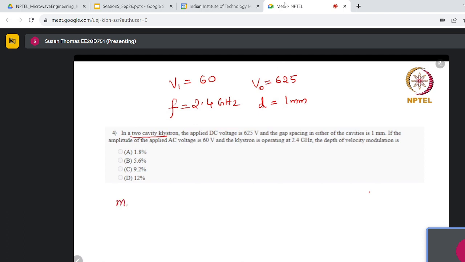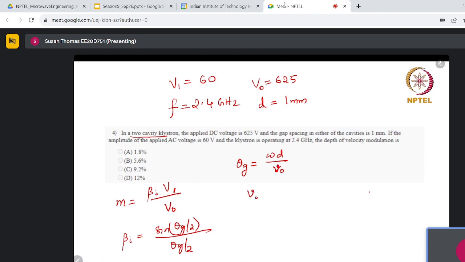So what is the equation? M is equal to beta I into V1 by V0. We already know V1 and V0, but we have to find beta I. For beta I, we need sine theta g by 2 by theta g by 2, so we need to find theta g. Theta g is omega d by V0, where this V0 is not the DC voltage but the electron velocity.